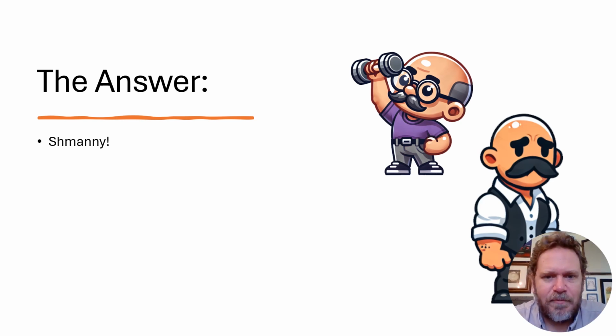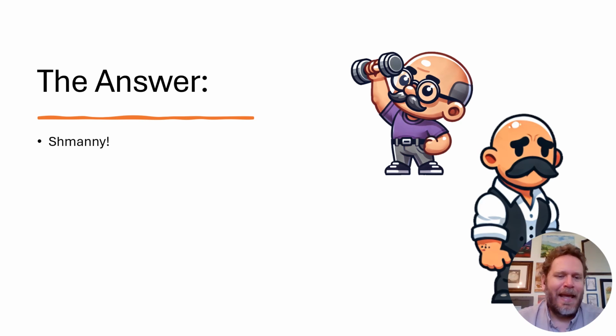I kind of forgot to tell you a little part about the weights that they had available to lift. It turns out that Schmanny is in a room that has a small little dumbbell that he can pick up, and the Stone unfortunately has nothing there to lift, and so he is sad. But just remember, my original question wasn't who can lift more weight, but rather who is lifting more weight.